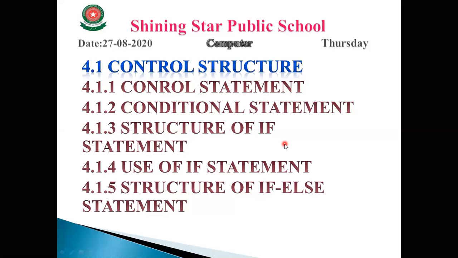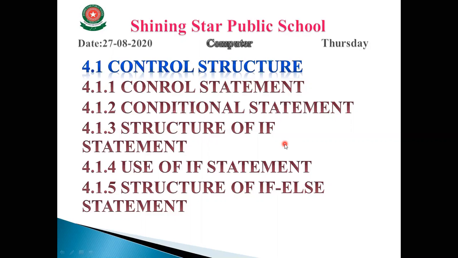When we write these types of instructions in high level languages, the computer cannot understand them because the computer can only understand machine language. So that's why we use different translators which translate this language to machine level language.